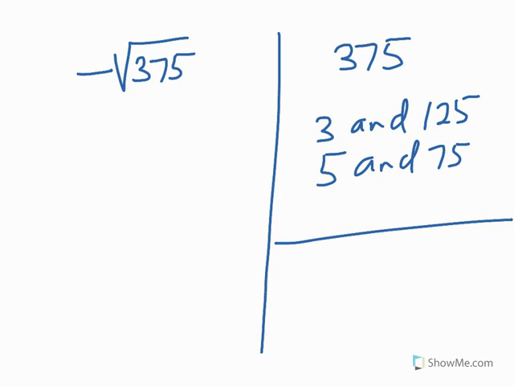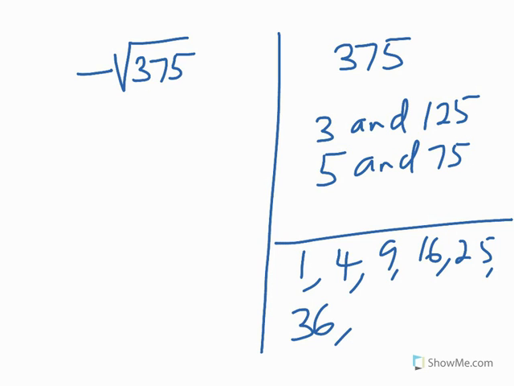Most times you are not allowed to use your calculator to do radicals. So let's list the perfect squares, okay? We have 1, but we don't need 1. 4, 9, 16, 25, 36. And as you're listing them, you find out which of these perfect squares are factors of 375, so as to save you time in this listing.